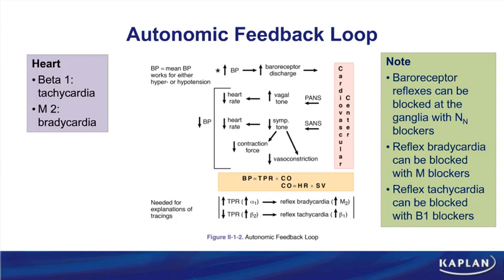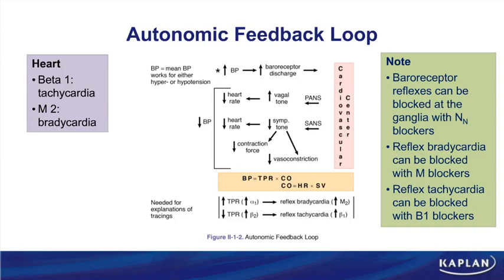So in this diagram, when I fire parasympathetics to the heart, I will stimulate muscarinic M2 receptors to cause bradycardia. Do you remember what type of G protein muscarinic M2 receptors are coupled to? That's right, it's Gi. They're going to cause a decrease in cyclic AMP, and that leads to a decrease in the heart rate.